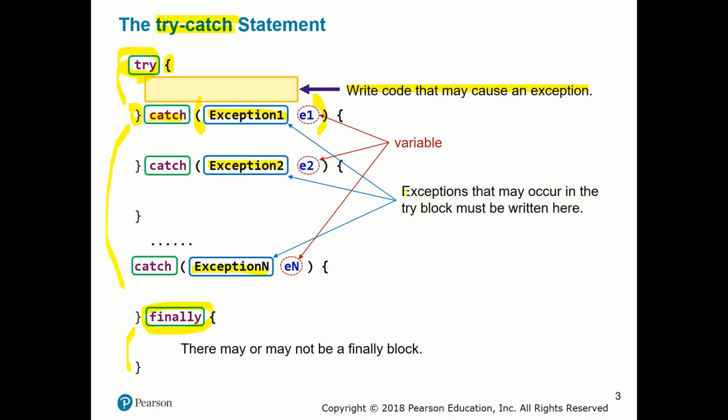These are exceptions that may occur in the try block. So exceptions that may occur in the try block must be written here. And beside the exception name, this is a variable, so you need to create variables like this. Okay?